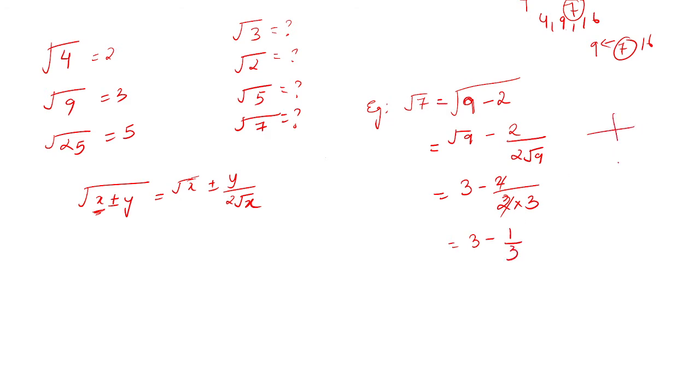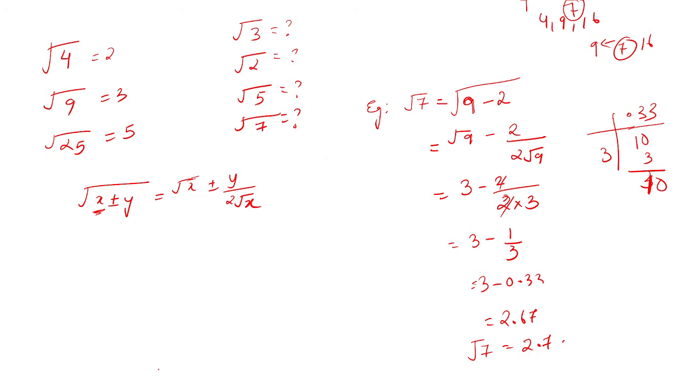Dividing 1 by 3 gives 0.33, so it is 3 minus 0.33. What is the value of 3 minus 0.33? It is 2.67. You can approximately write this as 2.7. That means the value of root 7 is approximately 2.7.